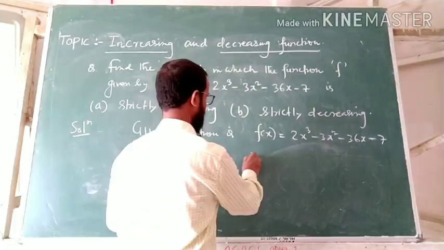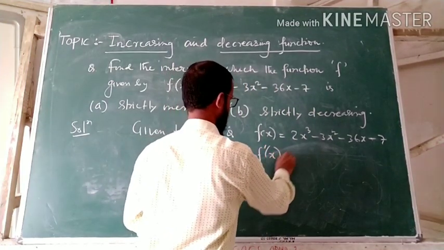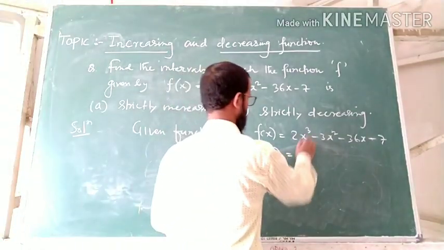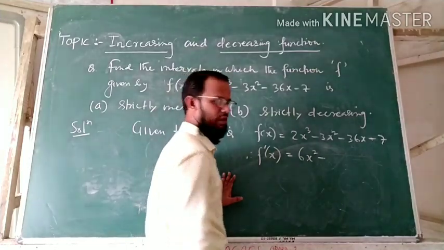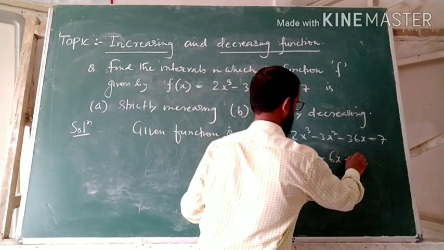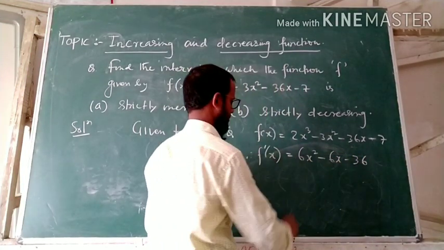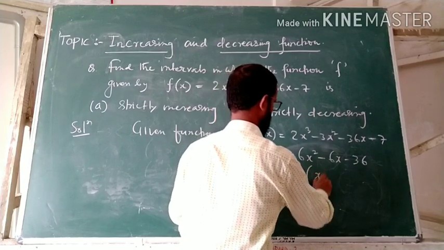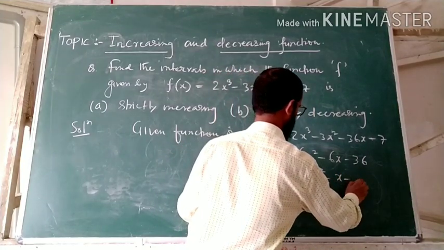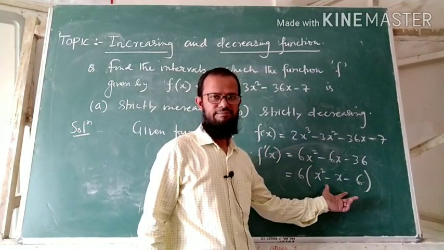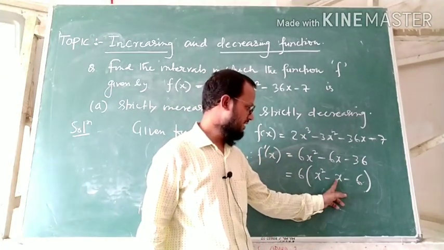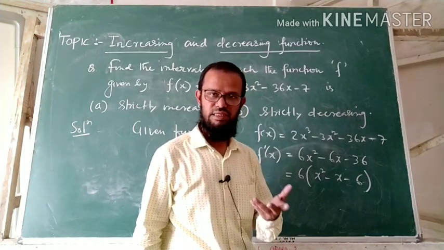If you differentiate it, you will get f'(x) = 6x² - 6x - 36, or you take common 6, you will get x² - x - 6, and if you factorize it, very simple, -x can be written as -3 + 2.